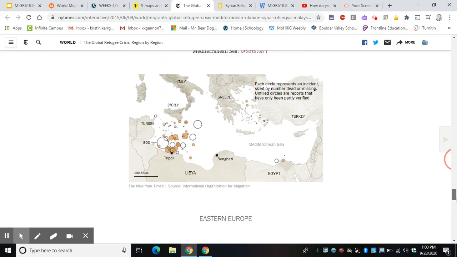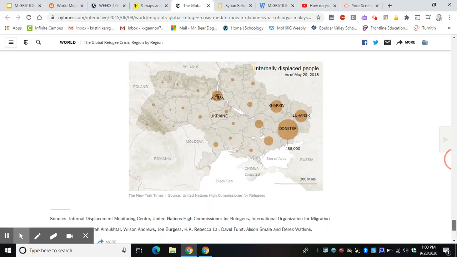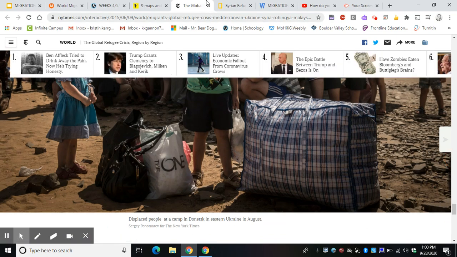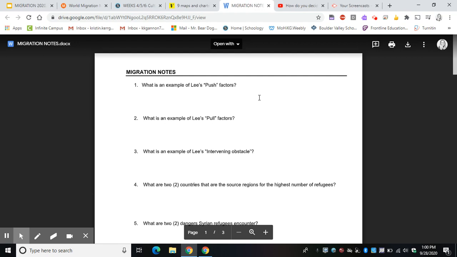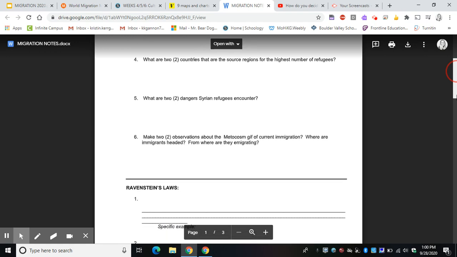So with the refugee crisis around the world, we have lots and lots of people trying to escape and find safety in other countries. And what they may run into is that the other country won't let them in, which is going to be about the movie that you're watching a little bit later. So we've done number 4, we've done number 5.